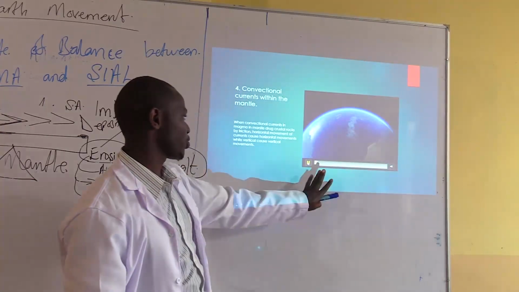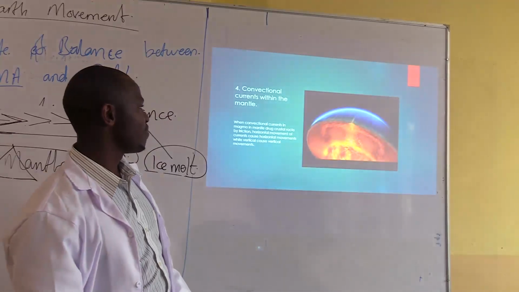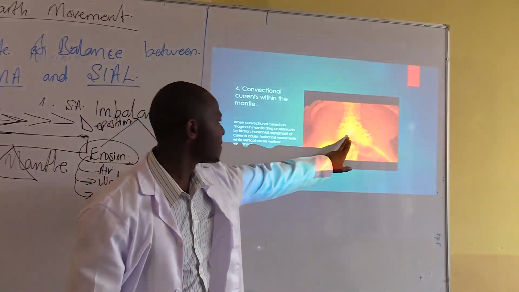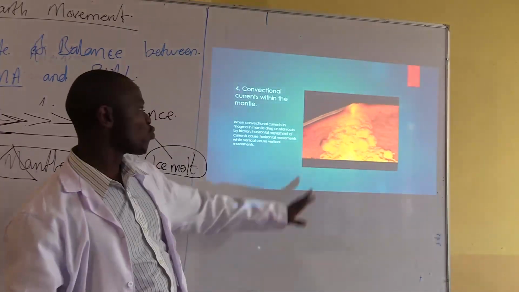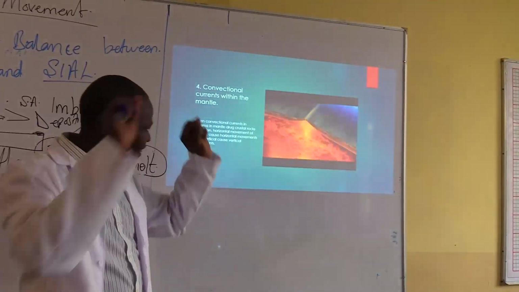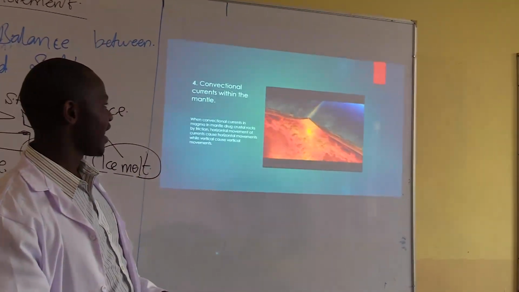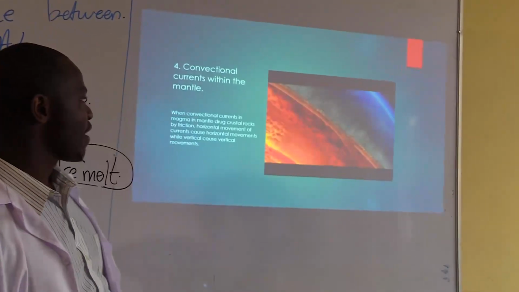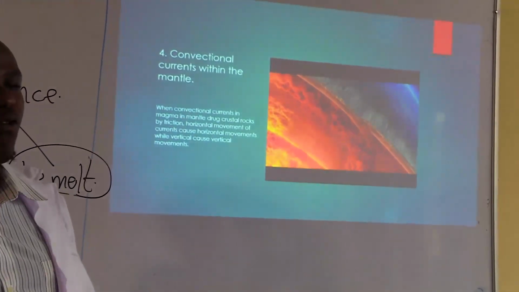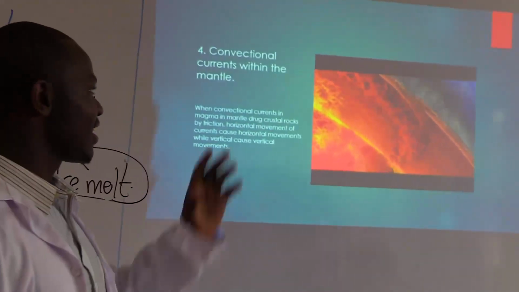From this illustration here, we can observe that we have magma in the mantle moving in a circular motion. These are convectional currents, and as they move, they result in a frictional drag.